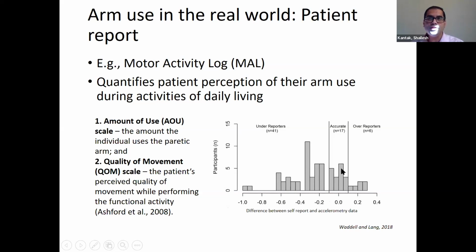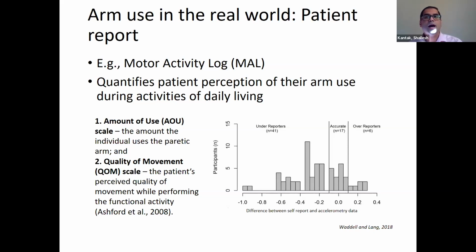These are the participants who were pretty consistent between the self-report and accelerometry data, while a large proportion of participants actually underreported their use of the paretic arm.